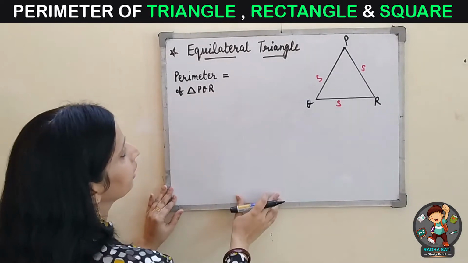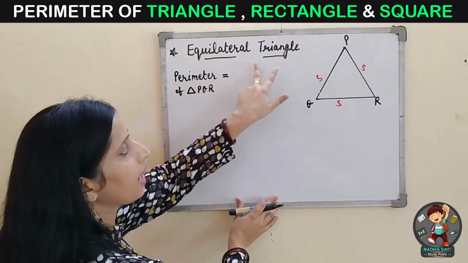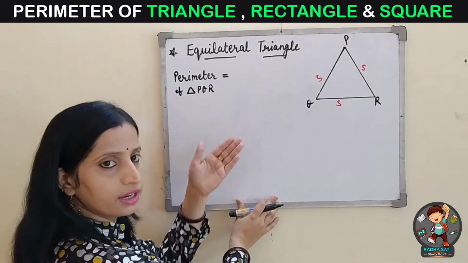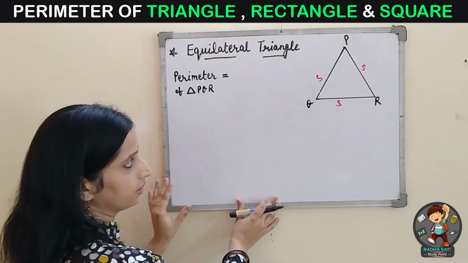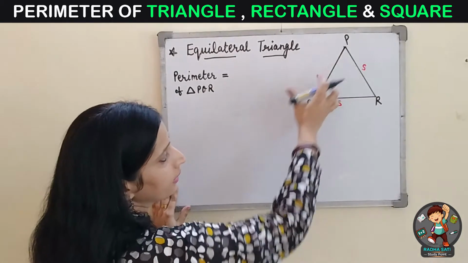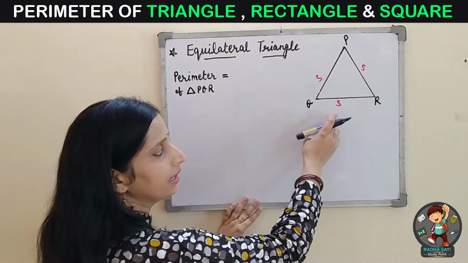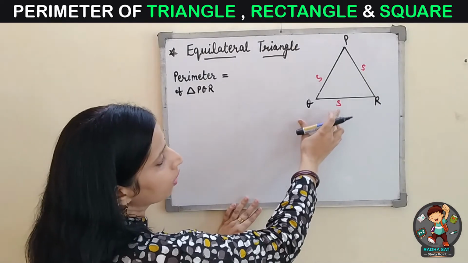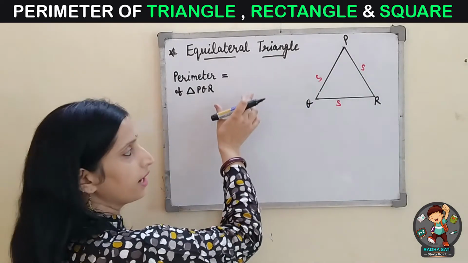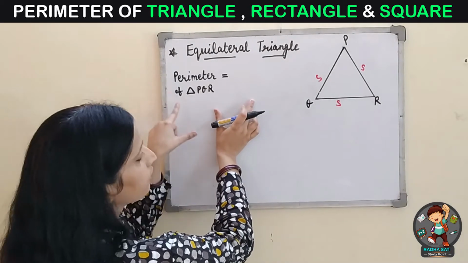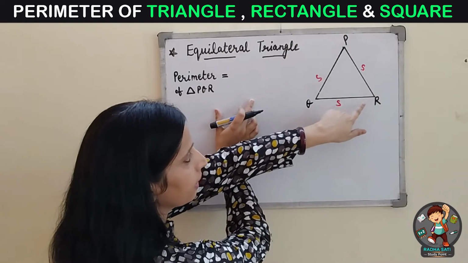Let's find the perimeter of an equilateral triangle. An equilateral triangle is a triangle in which all the sides are equal in length. For example, in this given triangle PQR, all the sides are equal in length. It's given that all the sides are S centimeter. So let's find its perimeter. The perimeter will be equal to PQ plus QR plus RP.